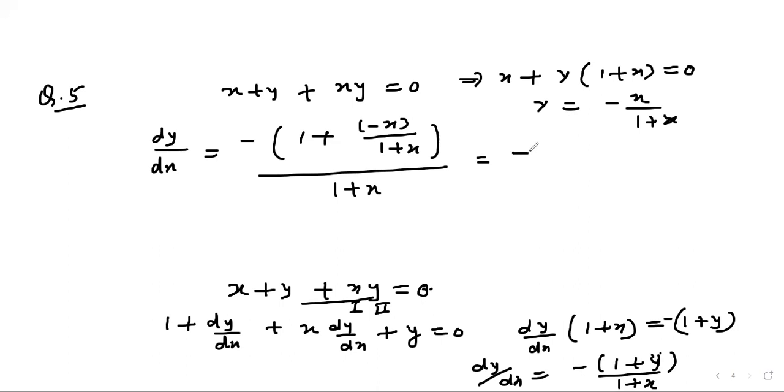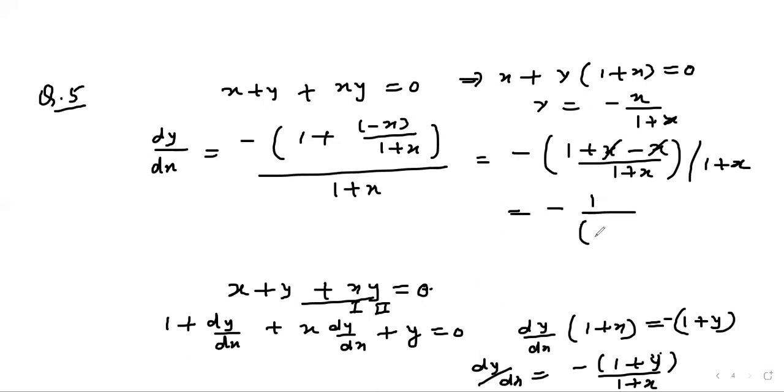Take LCM. So minus ((1 plus x minus x) divided by (1 plus x)), whole divided by (1 plus x). x will cancel out. We will get minus 1 upon (1 plus x) from here and (1 plus x) from here, whole square, which is our answer.